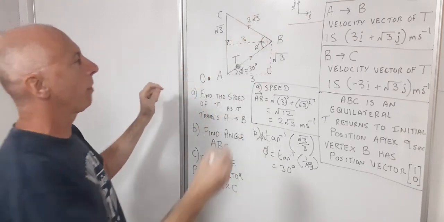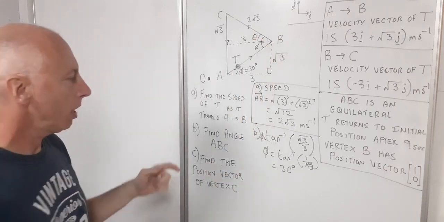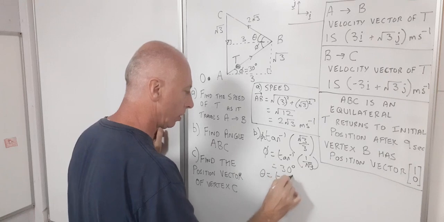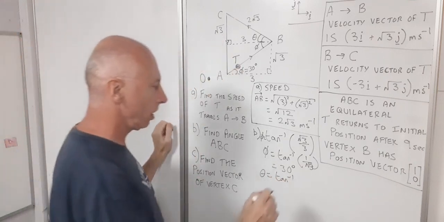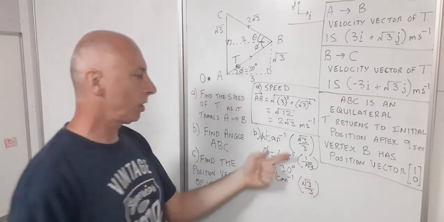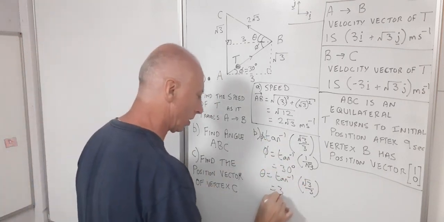Okay, now we want to find this angle here. Let's call this one theta. So angle theta equals inverse tangent, so opposite over adjacent, root 3 over 3. Which is going to give us the same as this calculation here, so it's 30 degrees.